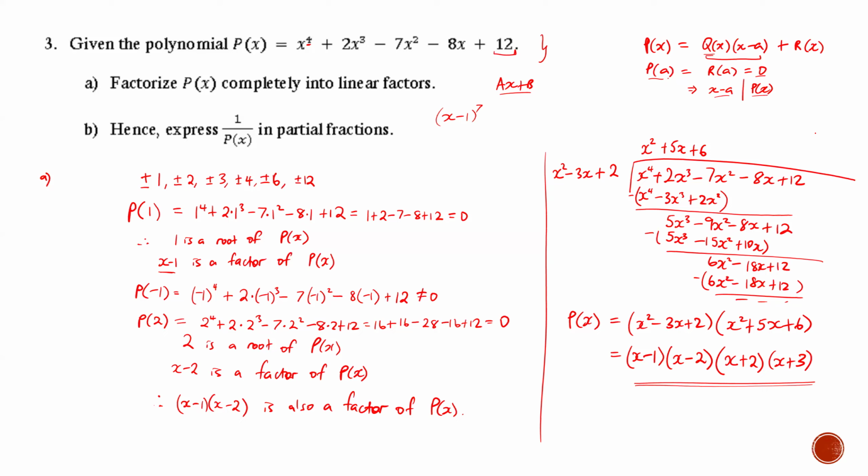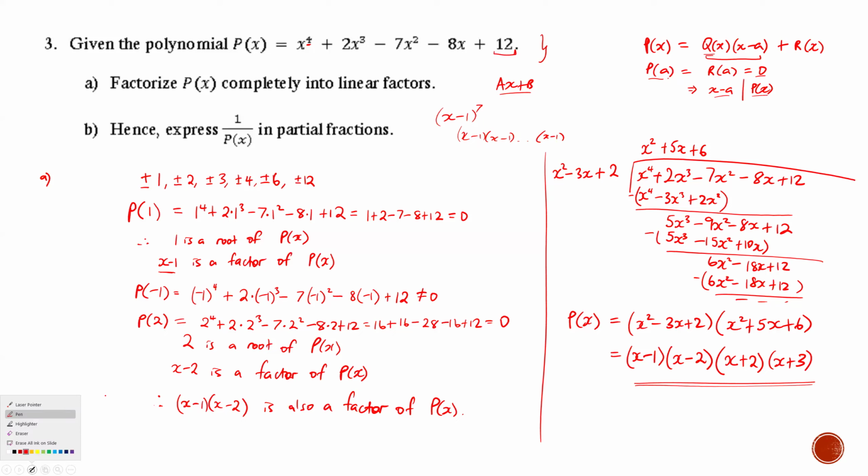If you did that, you'd get x to the power 7, a term in x to the power 6, and so on and so forth. But these are actually 7 factors, because this is x minus 1 times x minus 1, 7 times. The degree of each of these is 1, and there are 7 of them. So 1 plus 1 plus 1, 7 times is 7. And that's the degree of the polynomial you get when you expand.